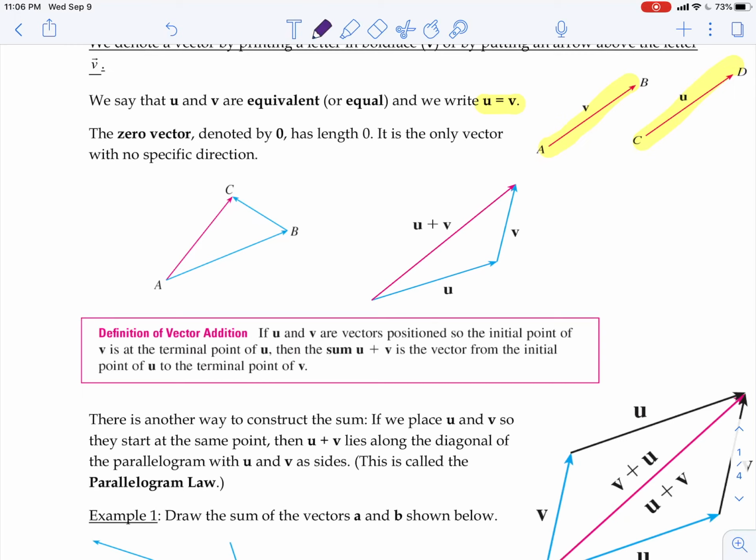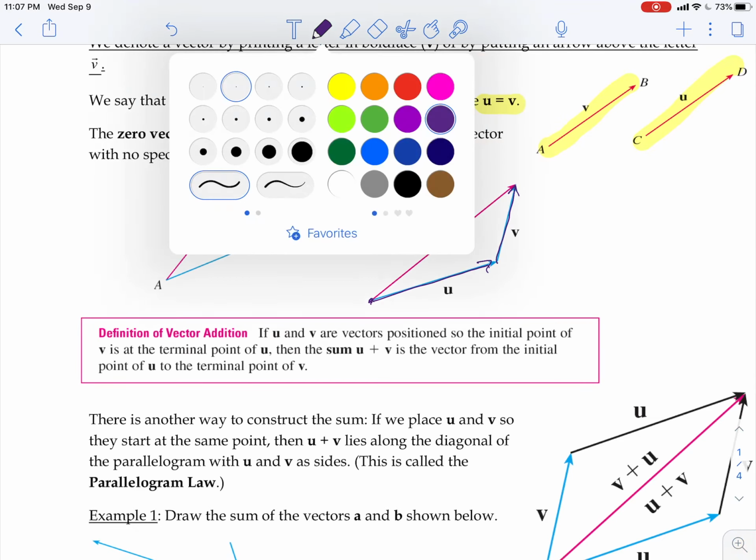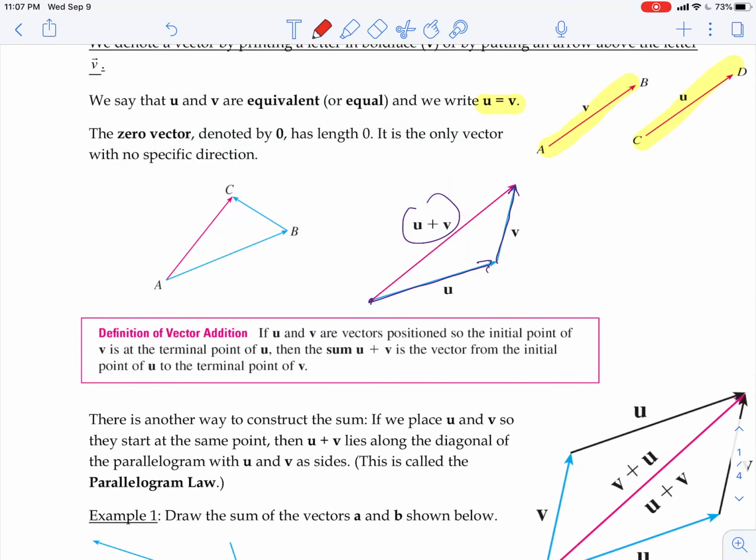So for the vector sum, if I do u plus v, I'm going to start here with my initial point, and then the terminal point, so where vector u ends, is the initial point of vector v. Then the initial point of u to the terminal point of v is the vector sum. So that's the sum of vector u plus vector v.